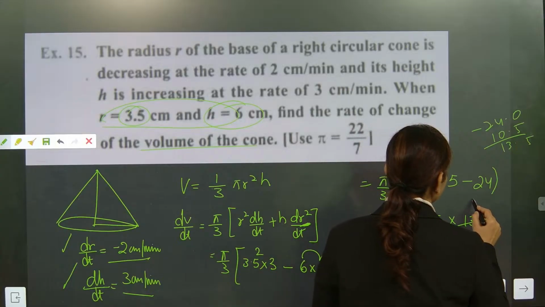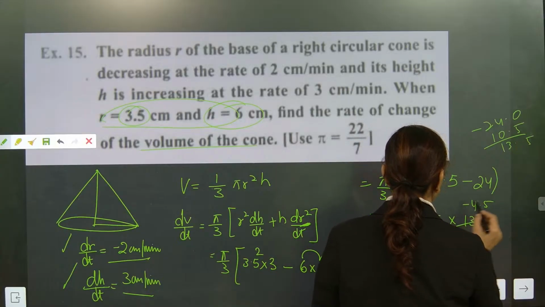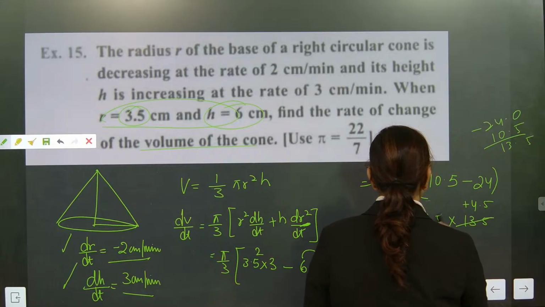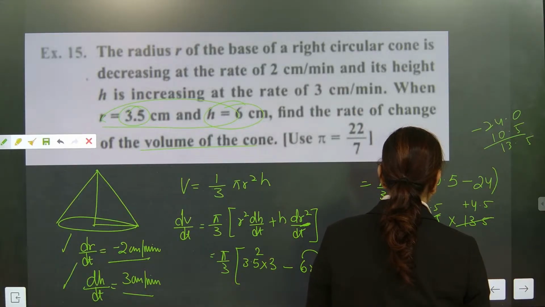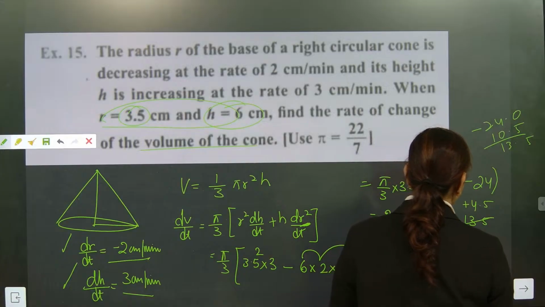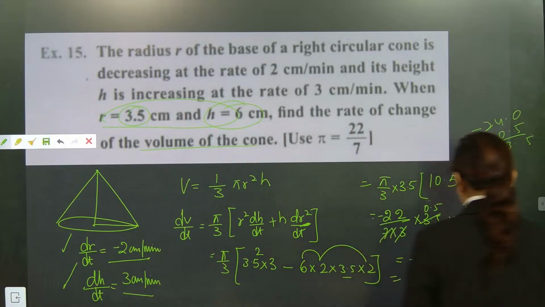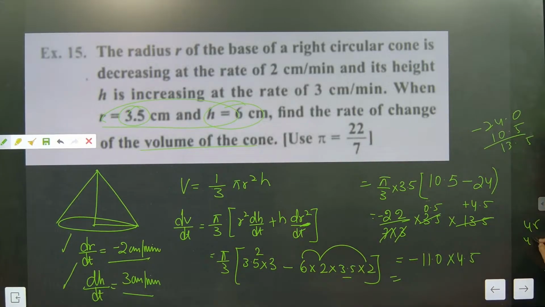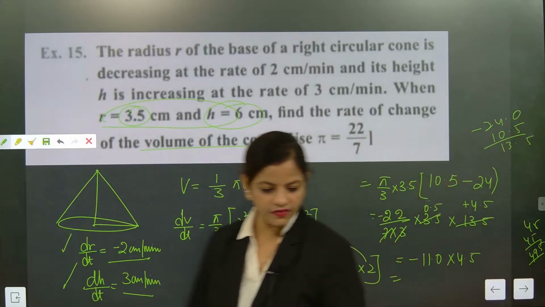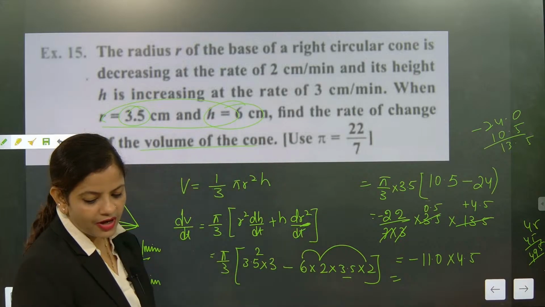So this will come 3 4s are 12, 3 5s are 15 and 0.5. So it is coming minus 11 into 4.5. 11 into 4.5 is 49.5. The approximated value is coming 4.5. Check.